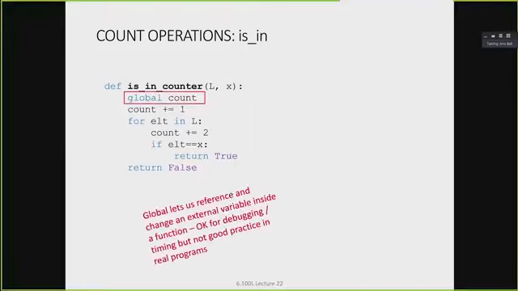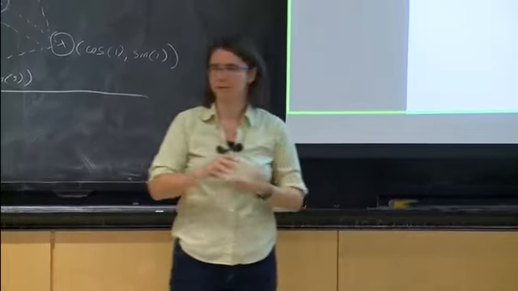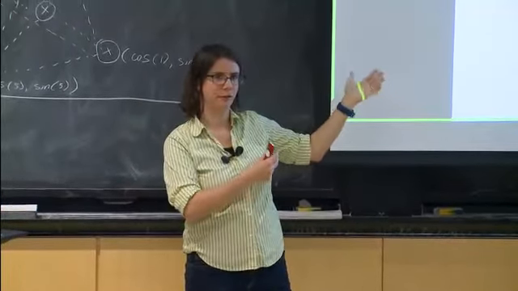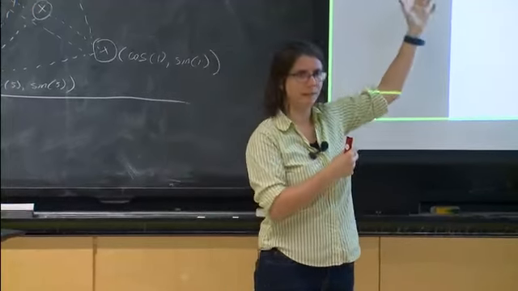And you should never, ever use global variables in your programs, except in this situation. The idea of global variables is that you can define variables just in the main program, outside of any functions. And you can access those variables within some function.